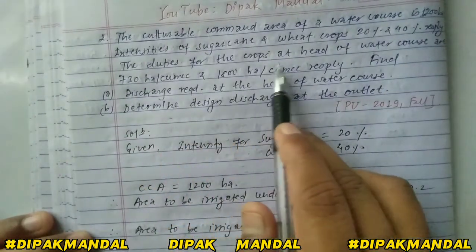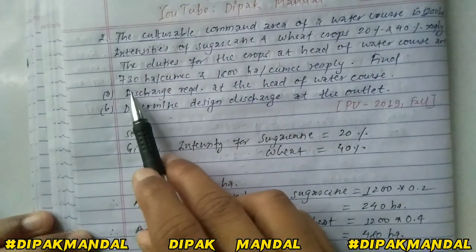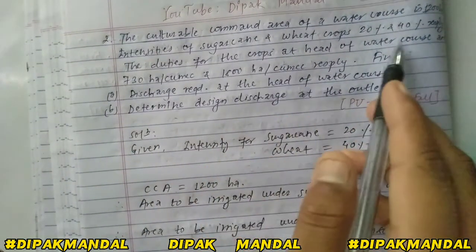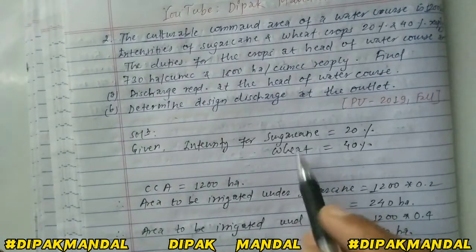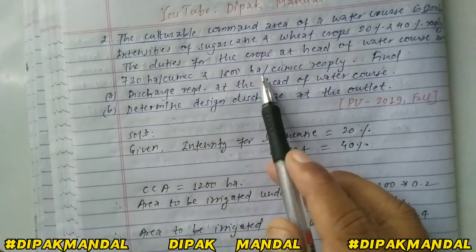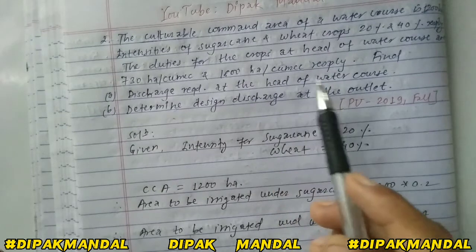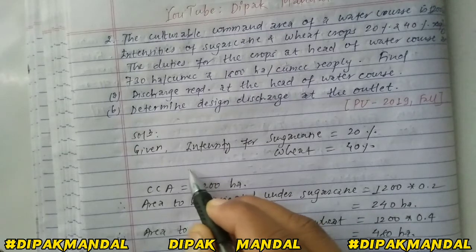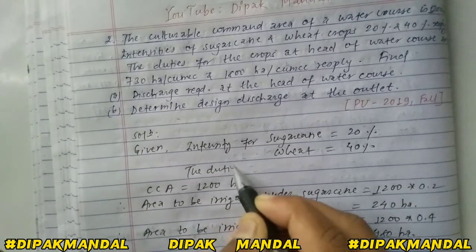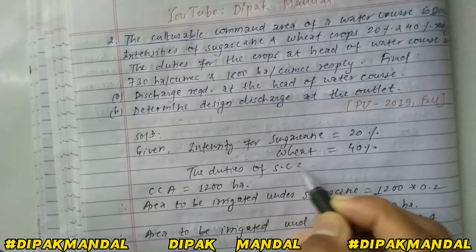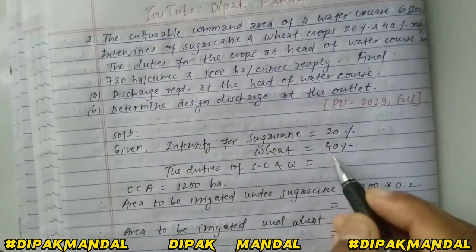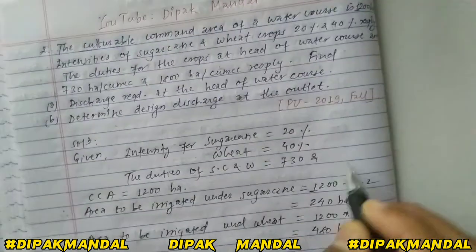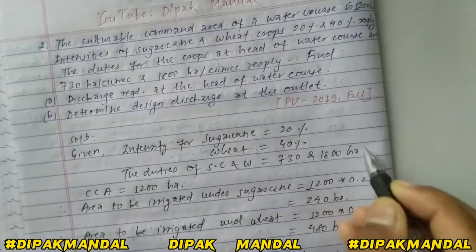The duties for the crops at the head of water course are 730 hectare per cumec and 1800 hectare per cumec respectively for sugarcane and wheat. So we write here the duties of sugarcane and wheat equal to 730 and 1800 hectare per cumec.